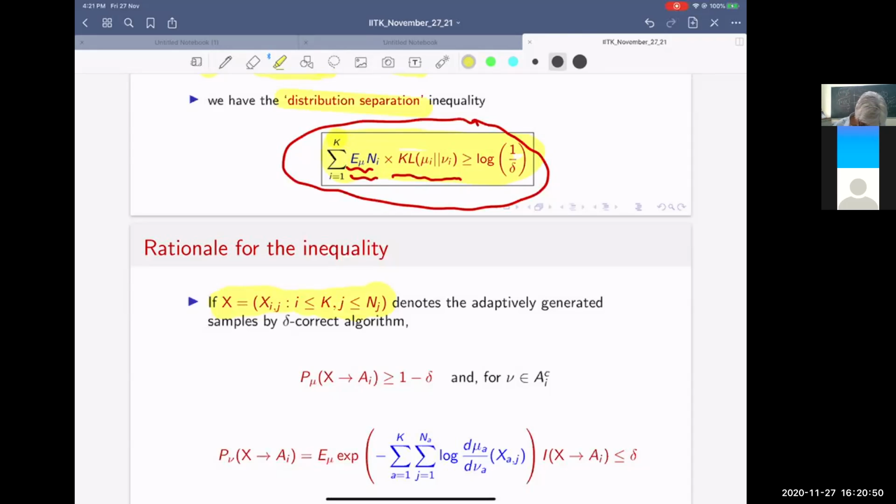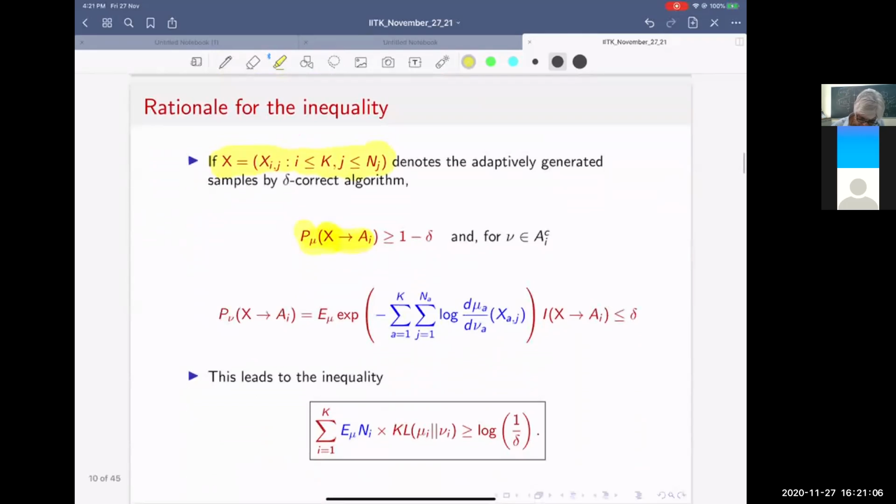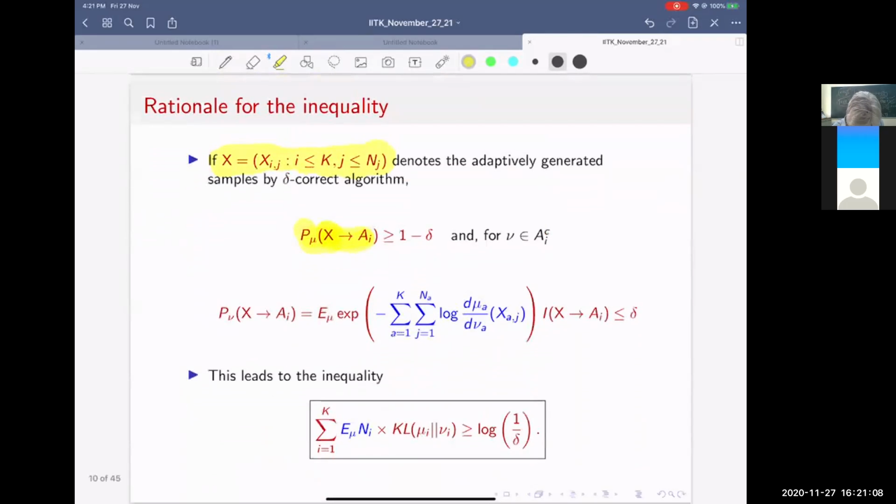Then if mu lies in A_i, the probability under the measure mu that the algorithm looks at data X and says it belongs to A_i must be at least 1 minus delta. That's the claim of the algorithm. And for nu lying in A_i complement, if the algorithm says that X belongs to A_i, then it's saying something wrong. So that probability must be less than or equal to delta.